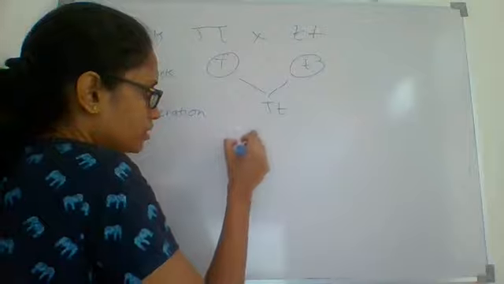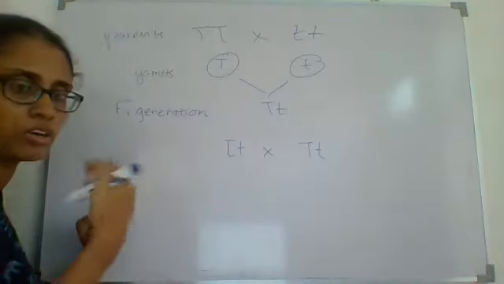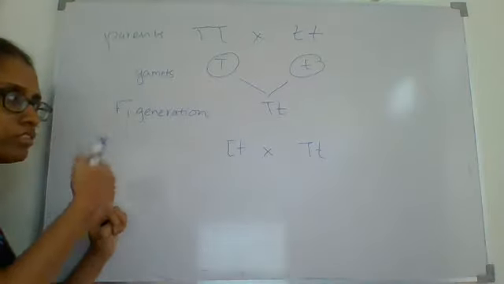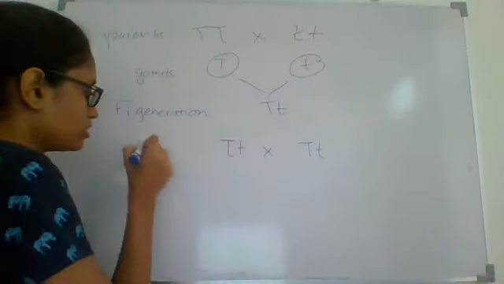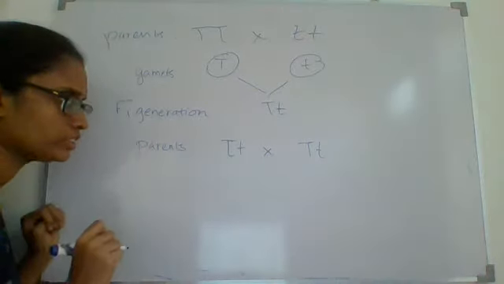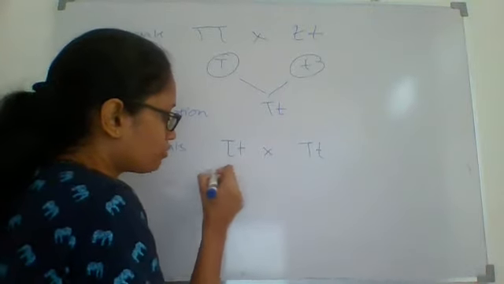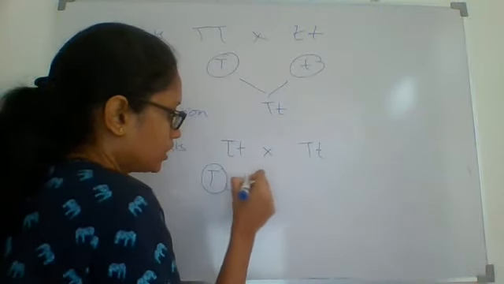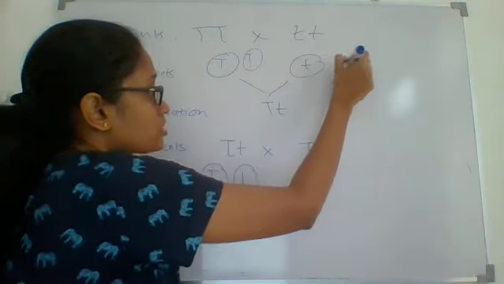Then in the second generation, what is happening? Self-pollination occurs within the plant, right? So the genotype of those parents will be like this. That means there can be two different gametes here. They will produce, and here also they produce, right?